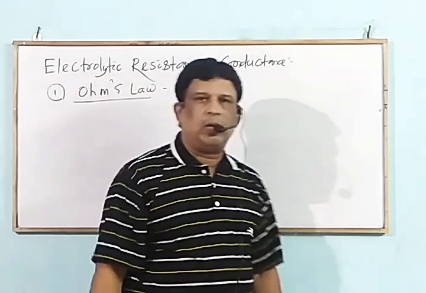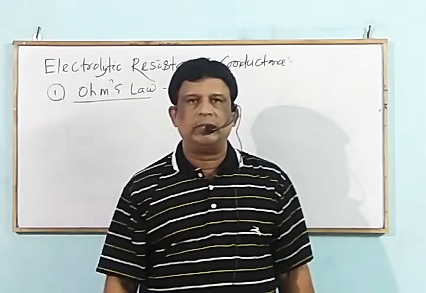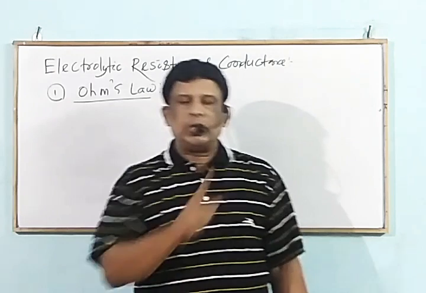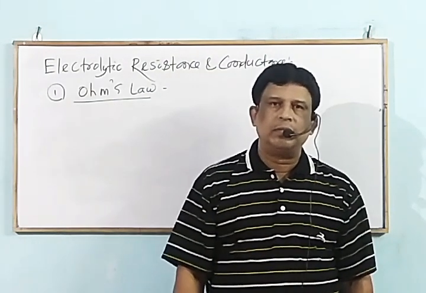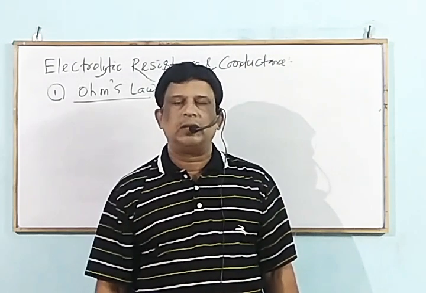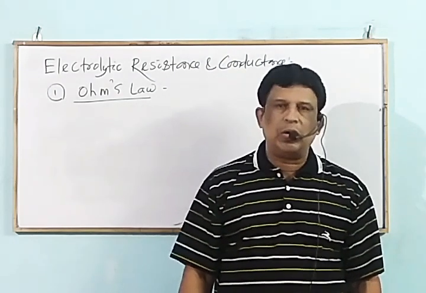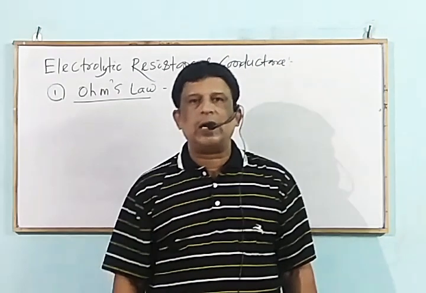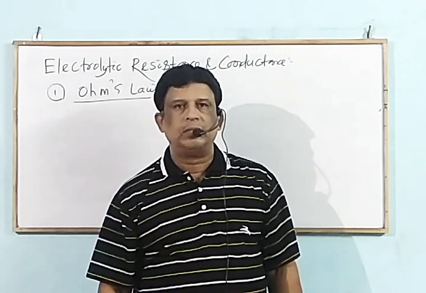What is this law? This law states that the strength of the current, symbol I, passing through a conductor is directly proportional to the potential difference, symbol V, applied across the conductor, and inversely proportional to the resistance R developed.